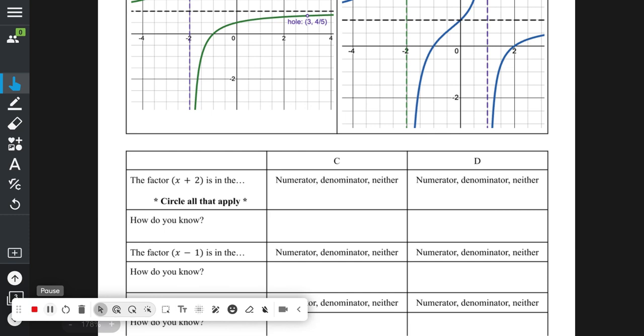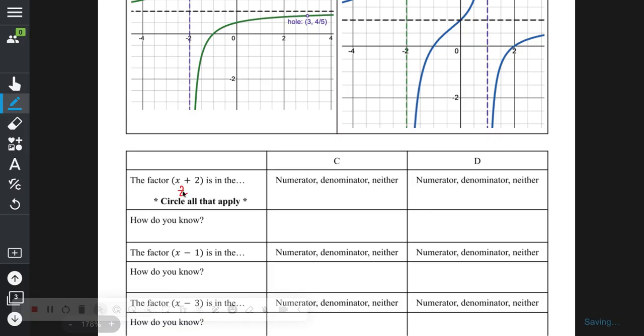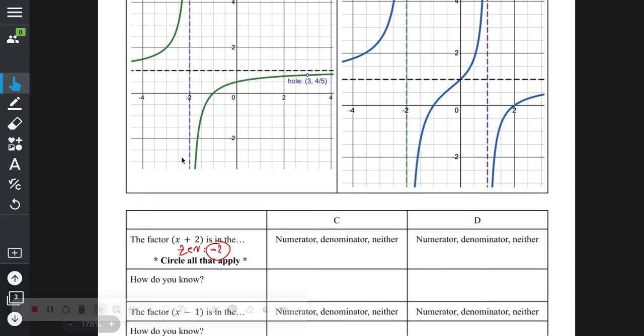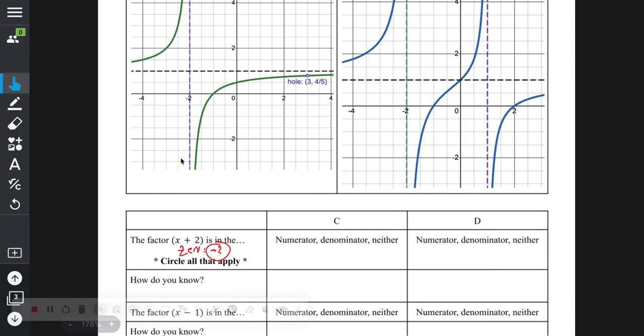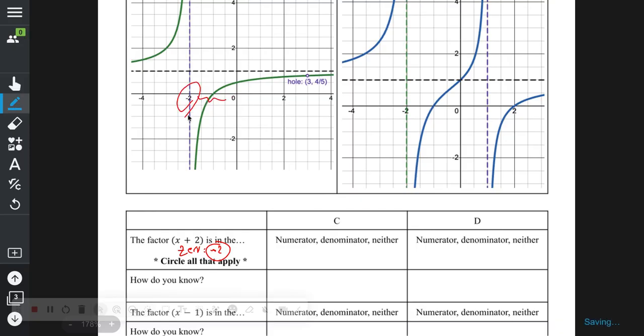So the factor x plus 2, where is it? The zero of x plus 2 is negative 2. Where do we see negative 2 show up in the function? We can go over to negative 2 on the x-axis and see, oh, it's right there.